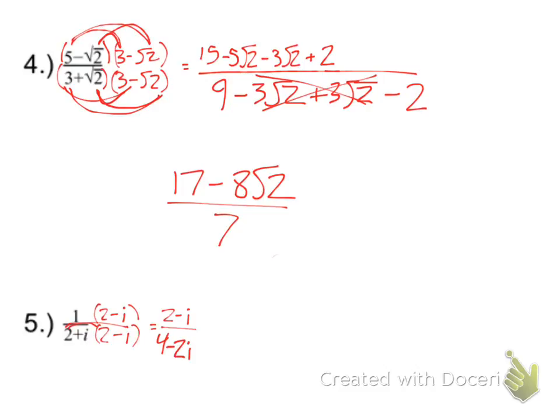Negative 2i. And then i times 2, positive 2i. And then i times negative i. And I would definitely, when working with i's, write it as negative i squared.